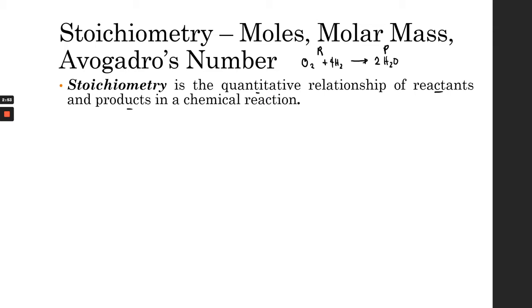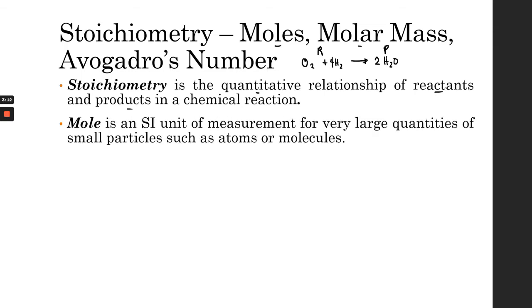But before you can do that, you have to understand what we call the moles, molar mass, and Avogadro's number. So we're not going to delve into stoichiometry yet. That's actually something that you would learn in general chemistry 2. Today, what we're going to do is understand what moles, molar mass, and Avogadro's number are by first talking about mole.